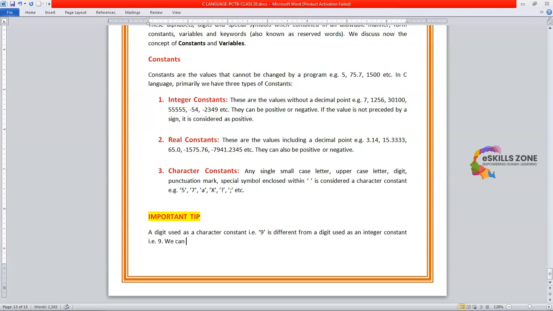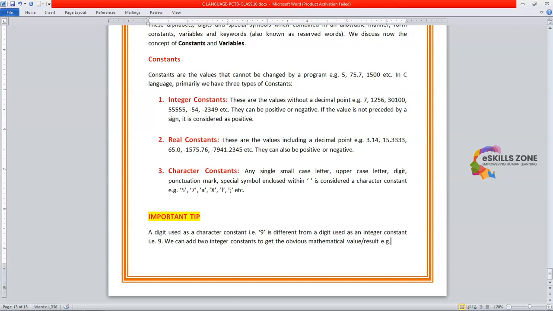We can add 2 integer constants to get the obvious mathematical value, or you can call it result.